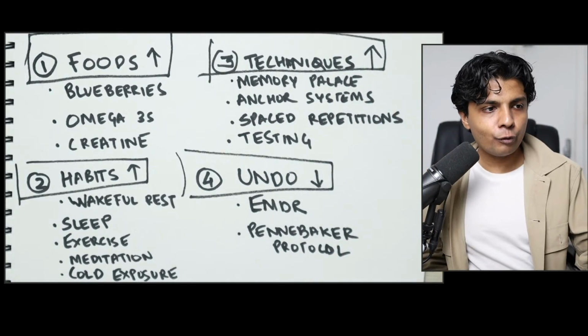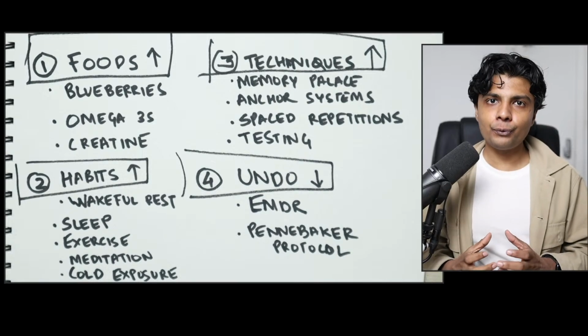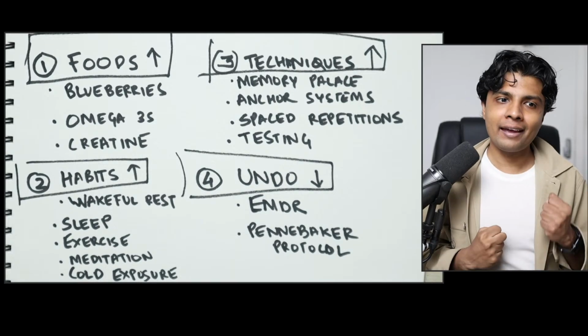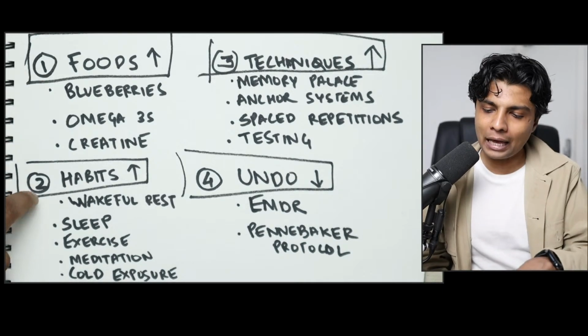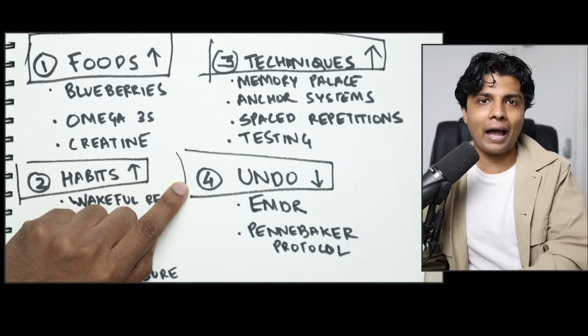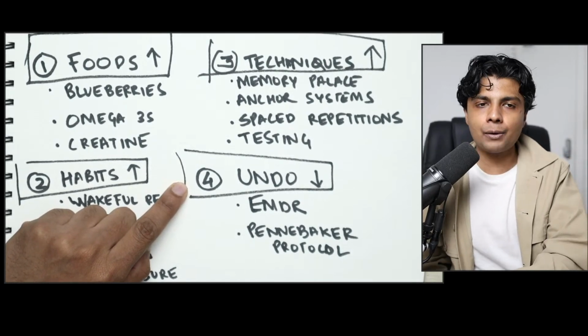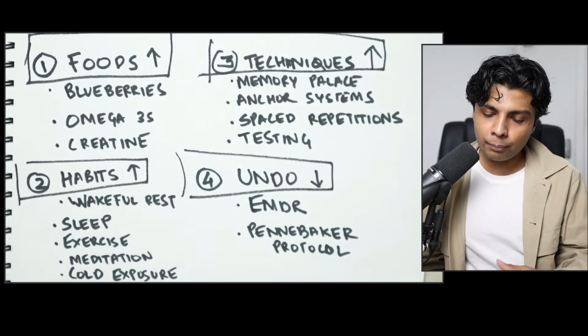Just to give you an overview before we conclude, we talked about how do you enhance your memory and learning and performance in 3 big categories of food, habits, and techniques. And then we spent time talking about what do you do if you have memories that you do not want? How do you press that undo button on memories? And so we talked about blueberries.